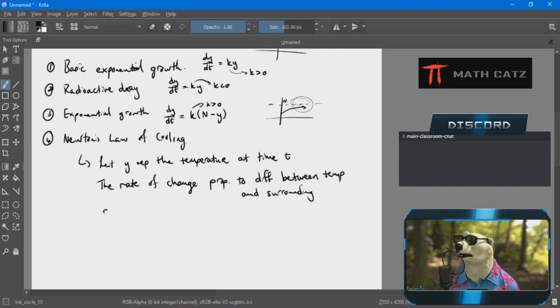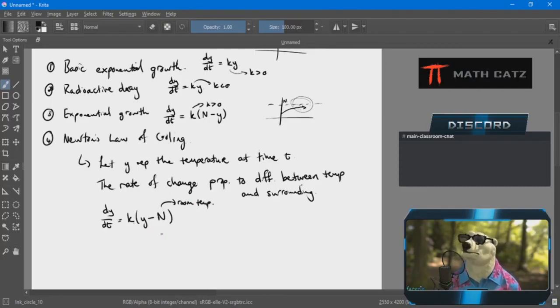So again, I have a similar differential equation: there's my proportionality constant, this difference between the temperature and the room temperature. So in the case of a hot cup of coffee, this is often room temperature or a temperature that is known beforehand.